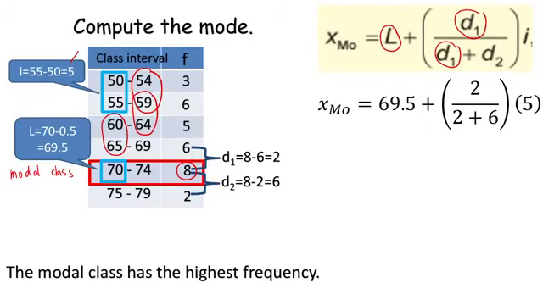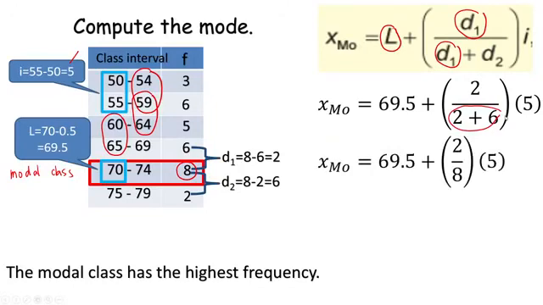Okay, let's now continue. So, substituting everything to our formula, we have 69.5 plus 2 over 2 plus 6 times 5. So adding the denominator, that will give us 8.